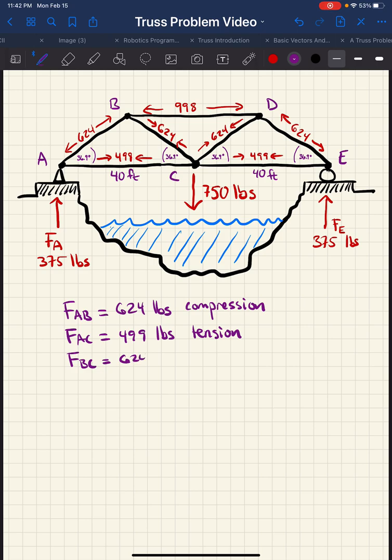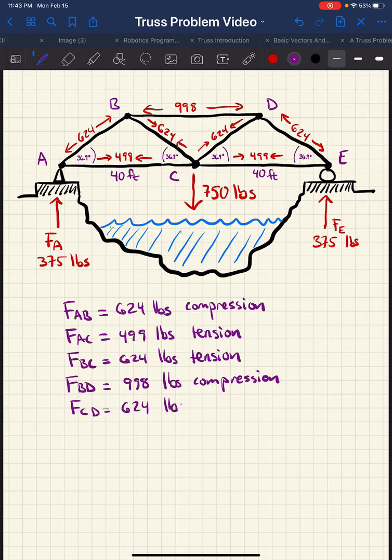FBC is 624 pounds, and it's in tension. FBD, 998 pounds, and it's in compression, and it's pushing out against the compression. FCD is 624 pounds, and it's in tension, just like FBC.